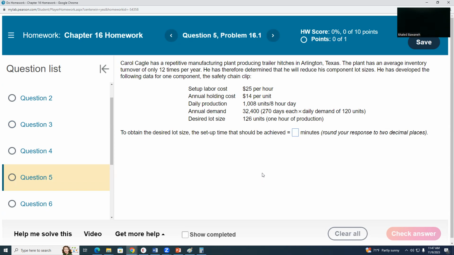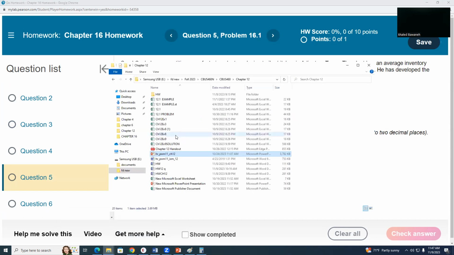So how many minutes of setup time should she have her plant manager aim for regarding this component? If you go back to the chapter 16 slides, for the setup time, I provided you with... what happened here?